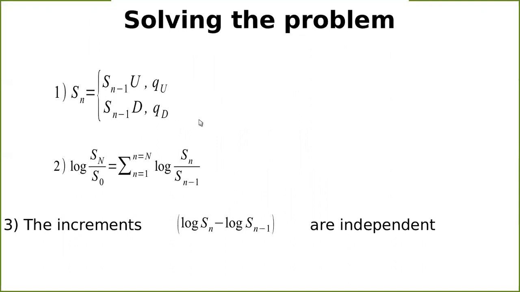What is solving this problem? You know the rule for building the binomial tree: the next price equals the previous price multiplied by the factor u if the price goes up, or d if the price goes down.